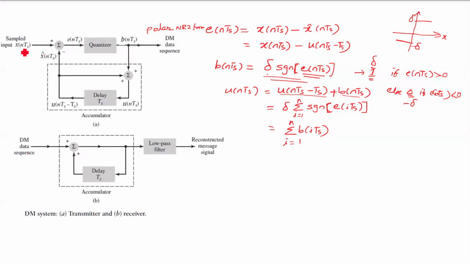The difference between the delta modulator and DPCM is that x of n into ts is the accumulated value of the samples in the past, and we get x of n into ts minus its prediction or approximation.